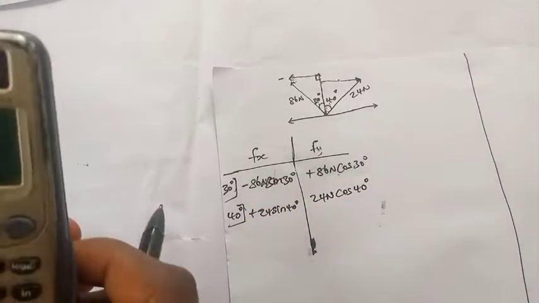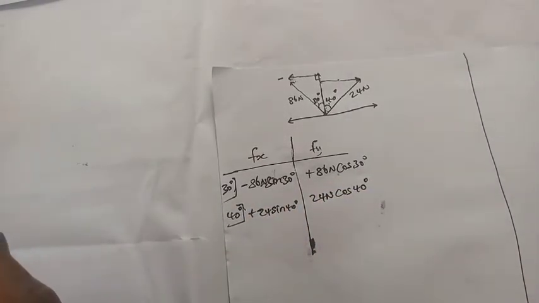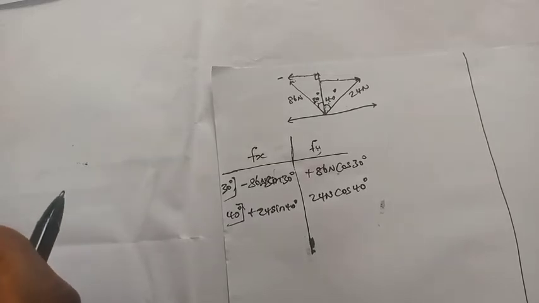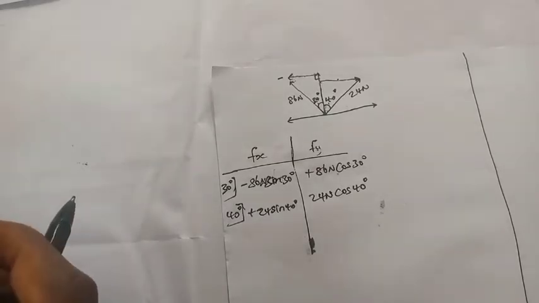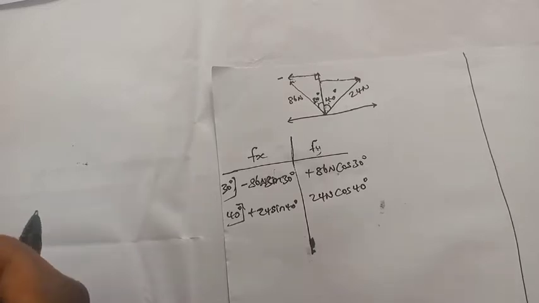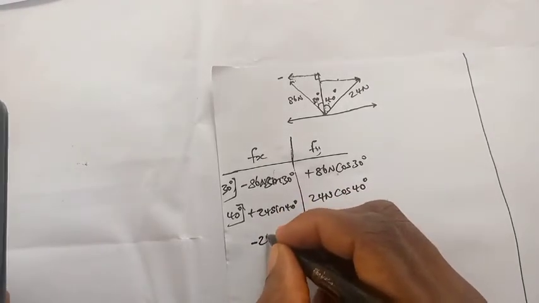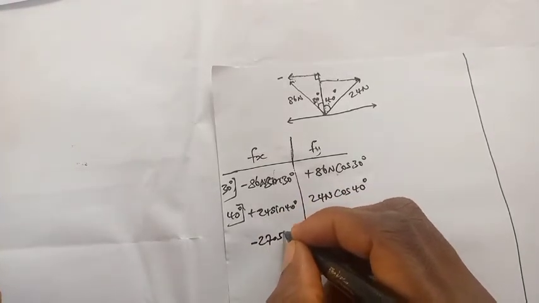So let's calculate all the horizontal components. So negative 86 sine 30 plus 24 sine 40 is going to give us negative 27.57.